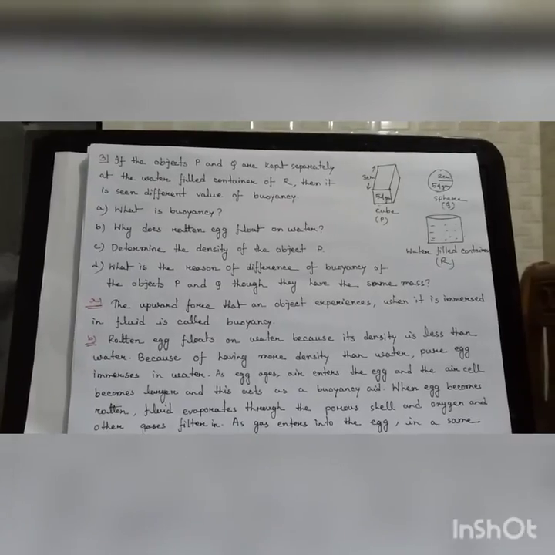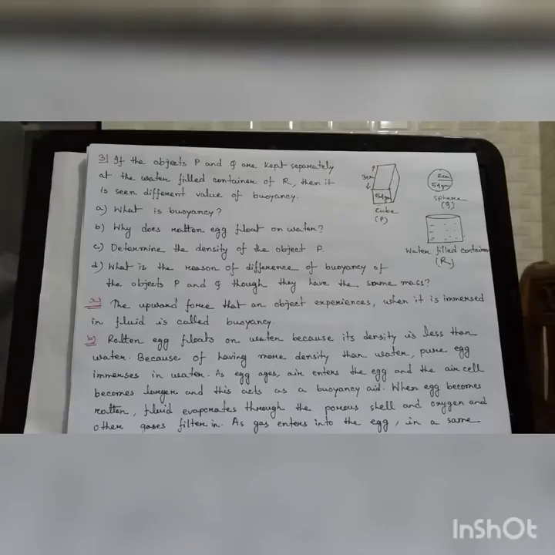What is the information over here? The length of P is 3 centimeter. The mass of P is 54 gram, and it is a cube. And this is a sphere named Q. Its radius is 2 centimeter.